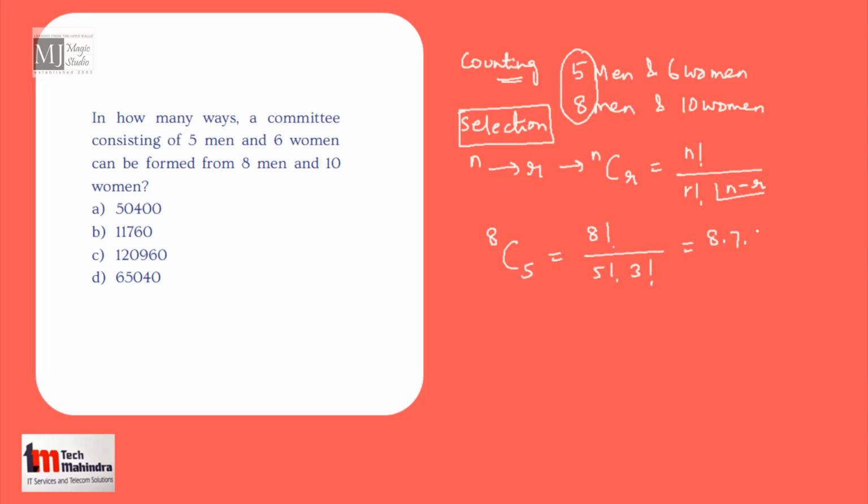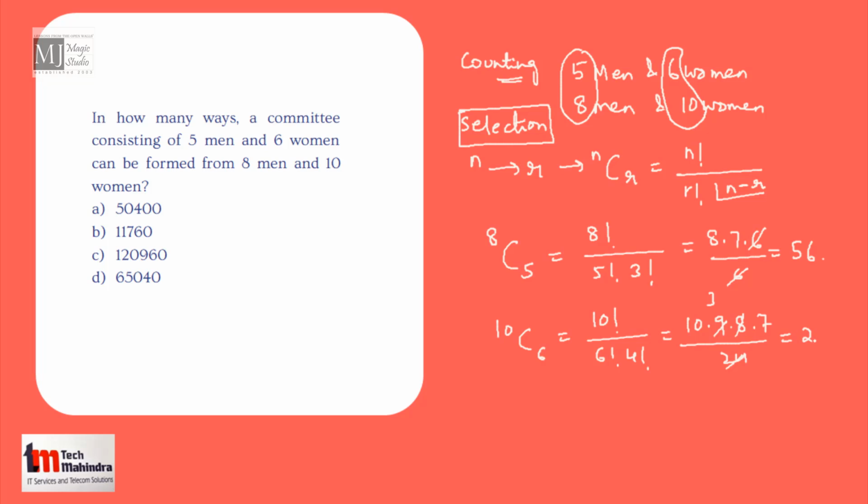That is 8 into 7 into 6 by 6. 8 into 7 is 56. Now, in how many ways can I select 6 women from 10? That would be 10C6, factorial 10 upon factorial 6 factorial 4. 10, 9, 8, 7 and 4 is 24. 3 times 3, so that is 210.